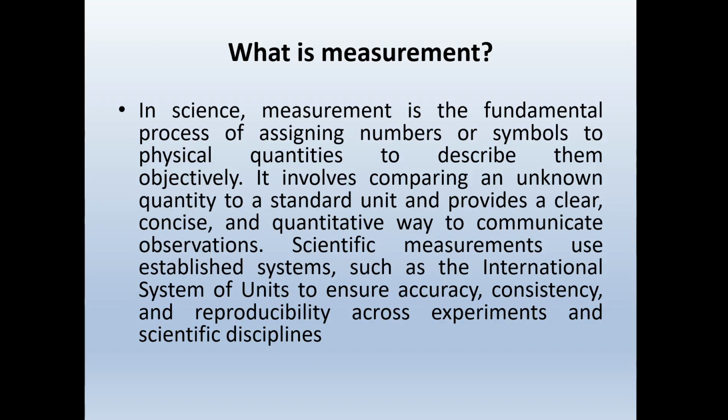You're asking for water and just one cup of it. We say that scientific measurements use established systems. One of those systems is the International System of Units. And why do they use those systems? They use them to ensure accuracy, consistency, and reproducibility across experiments and scientific disciplines.